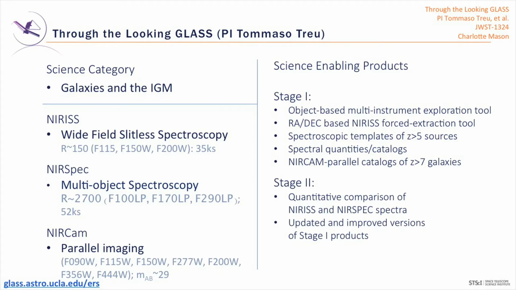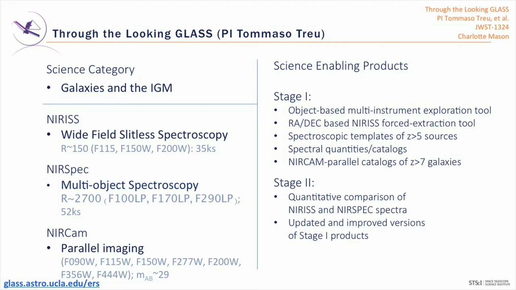And the aim is to reach flux limits of about 2 times 10 to the minus 18 CGS. So this should open up a really broad range of unexplored territory in the spectra of high redshift galaxies. And then in parallel, we're going to be doing NIRCam imaging. This will be in 2 fields. And here we're really looking to go to magnitude limits of about 29 point source magnitude limit.